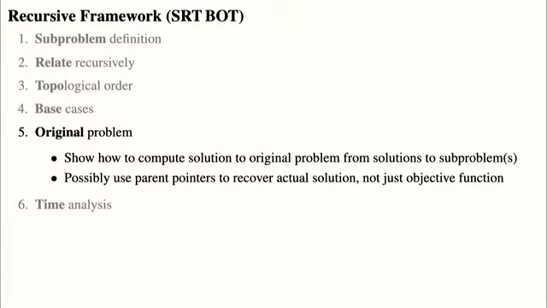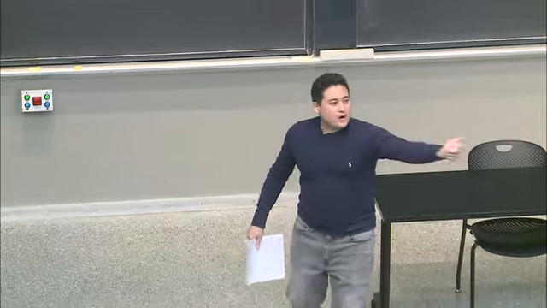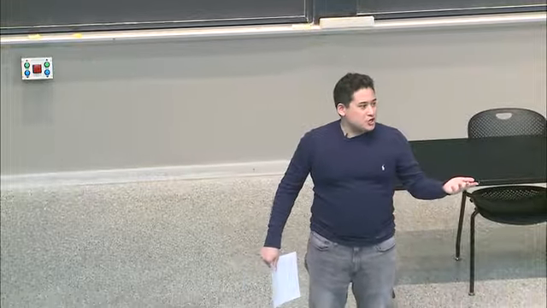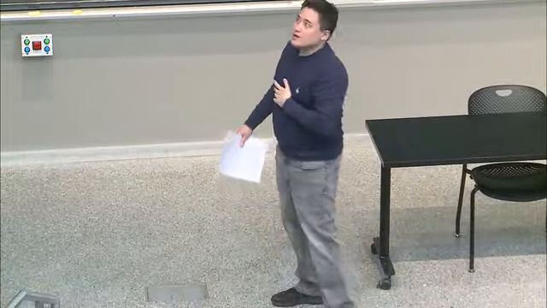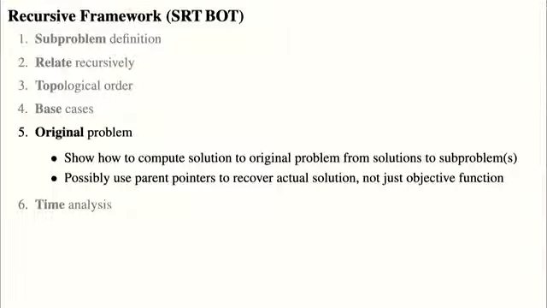And to do that, every time I maximize a subproblem, I can remember which subproblem or subproblems I depended on, just like storing parent pointers in shortest paths. And then using those parent pointers, I can just walk back in my subproblem graph and figure out which path to a base case led me to an optimal solution, okay?